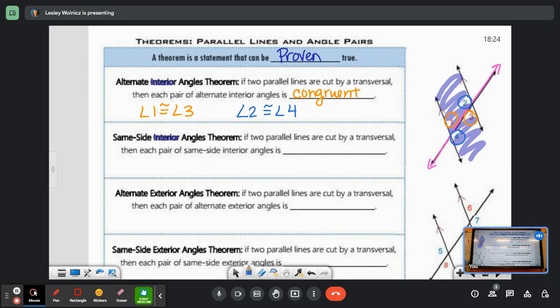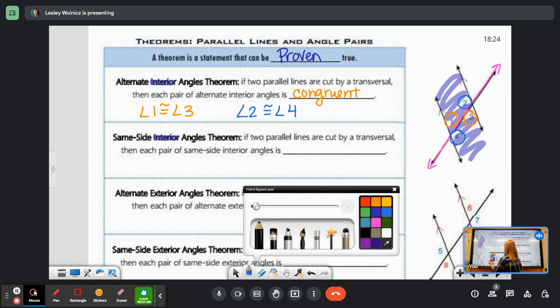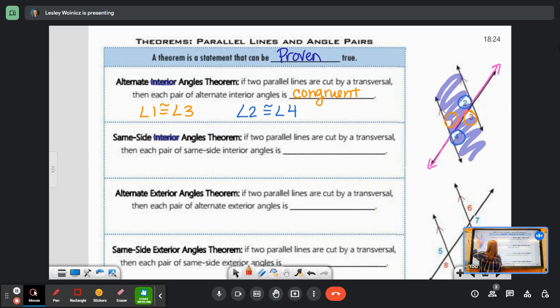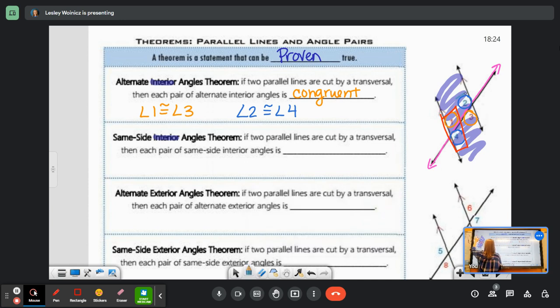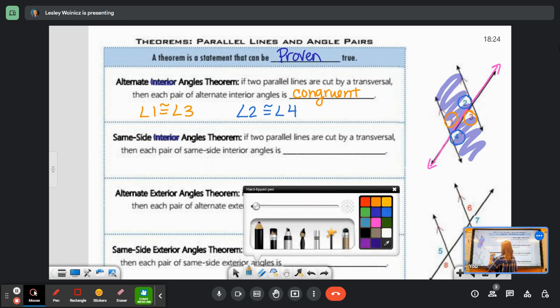Okay, now we're going to look at same side interior angles. Same side interior angles would be like 1 and 4 are same sides, and 2 and 3 are same sides. No, I got that backwards. Sorry. I skipped that day at school.